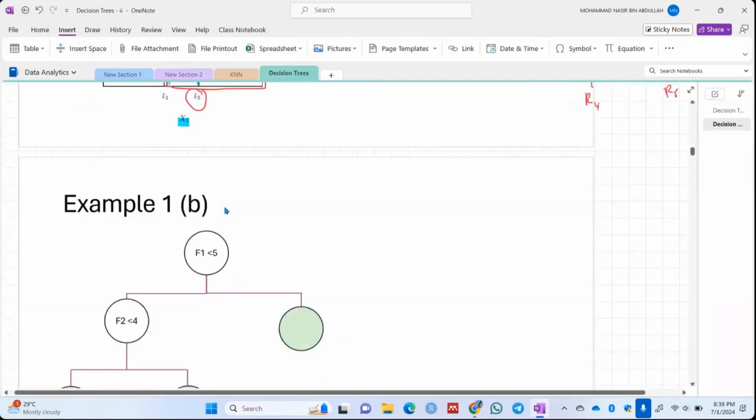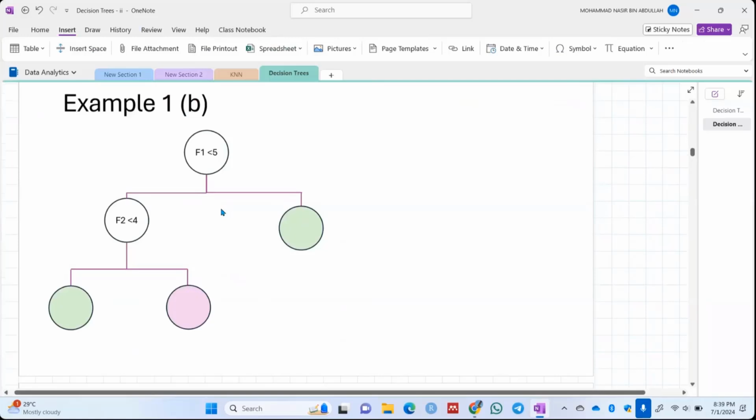Now let's look at another example. Example 1b. From the tree diagram, we want to transform it to partition space. Look at the root node. We have f1, and another variable is f2.